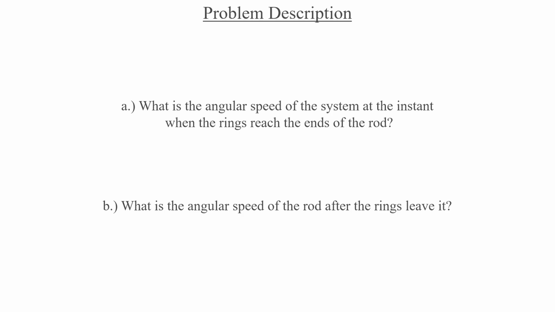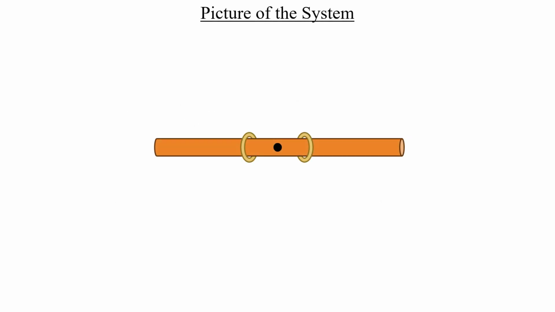To start, let's label the beginning location of the rings as x initial and the starting angular speed as omega initial. Then, once the rings are at the end of the rod, the new ring distance will be x final and the new angular speed will be omega final.